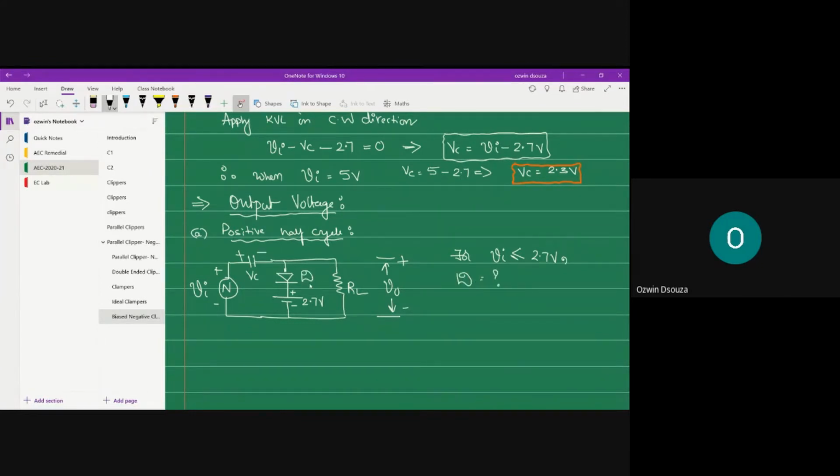This is the diode. Whenever your input is less than or equal to 2.7 volts, the diode will be in off state. That's what I was telling in the previous class as well. So the diode will be in off condition, and the off condition can be shown with an open circuit.